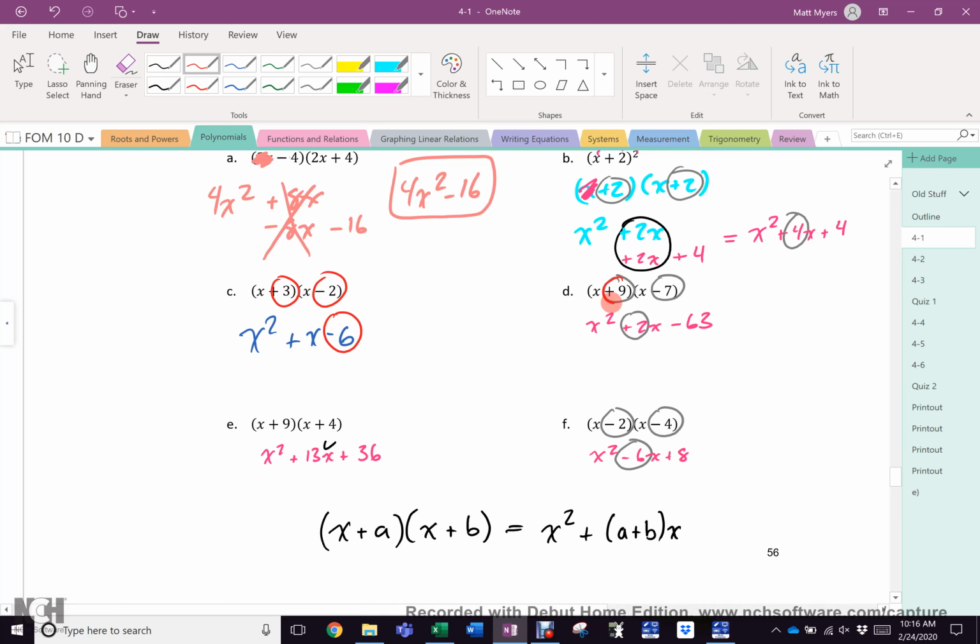Is there a relationship between 9, negative 7, and negative 63? What is it? They multiply together. So now you automatically know what the last term here is, right? What is it? A times b. Any x? No, because there's no x out here. Everybody see this?